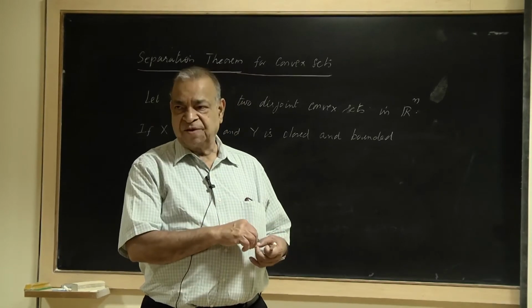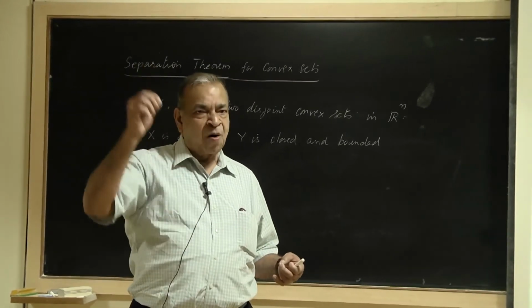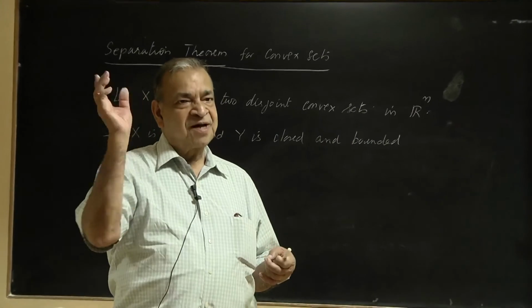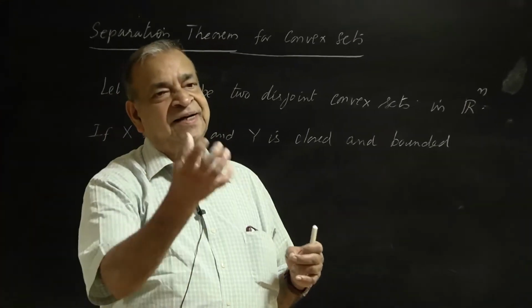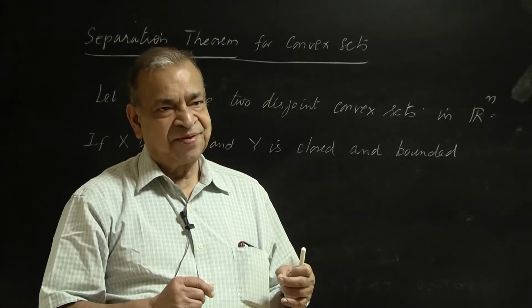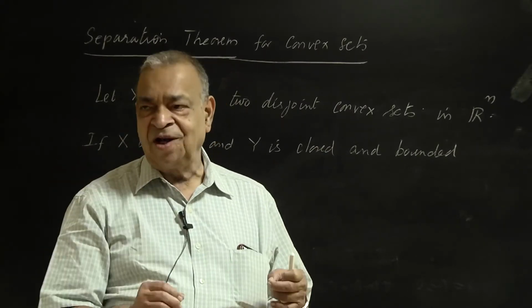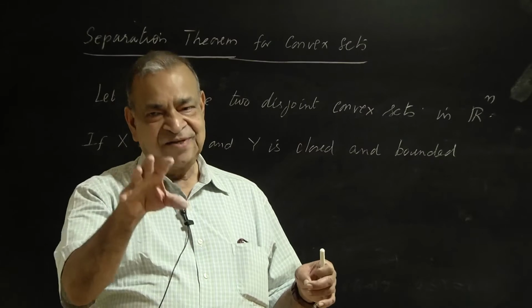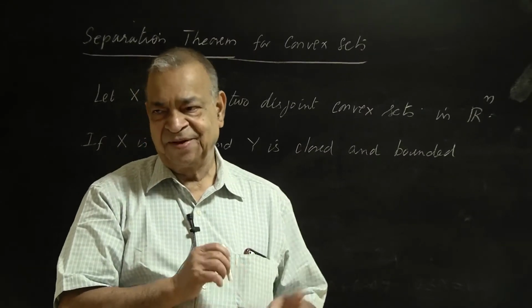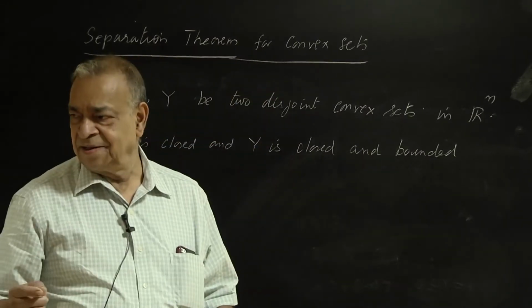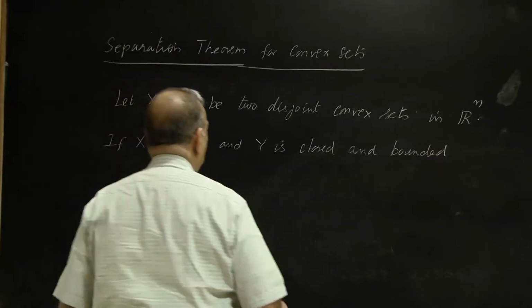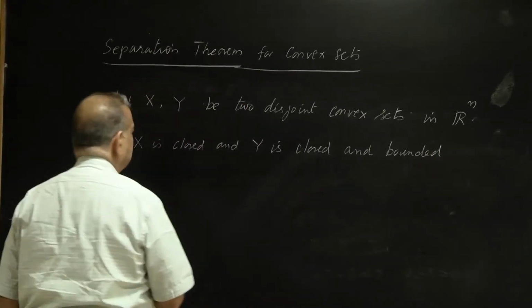I can choose from the origin a huge ball of large size, and this set is contained inside the ball. As long as the entire set is contained inside a ball with center origin, we say that the set is bounded. That's all. You got it? So Y is closed and bounded.